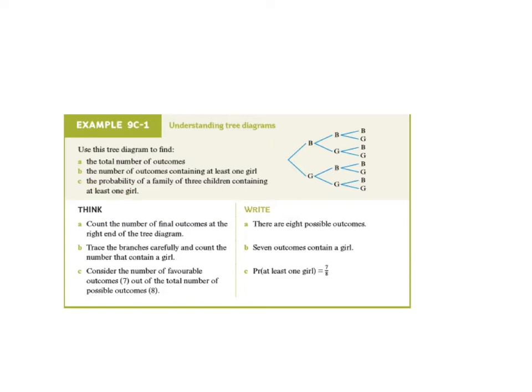Now, what you're going to do when you do this tree diagram is you're going to write down what outcomes you get. So if we look over here, we go boy, boy, boy. So we write down boy, boy, boy. Then we look at the next outcome, boy, boy, girl.